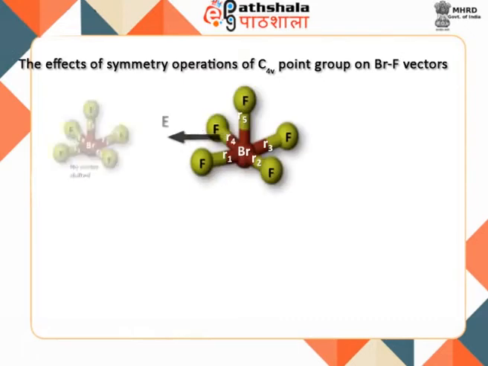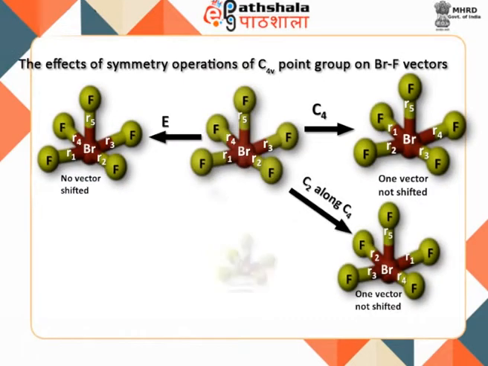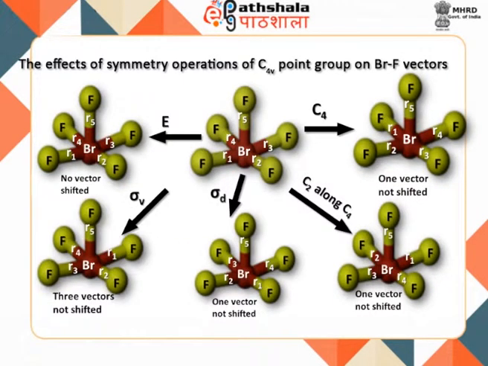The effects of symmetry operations of the C4V point group on the BrF bond vectors R1, R2, R3, R4, and R5 are as shown in the figure.